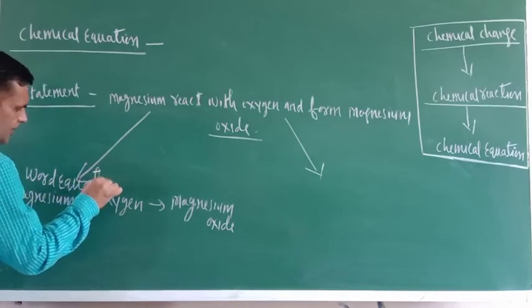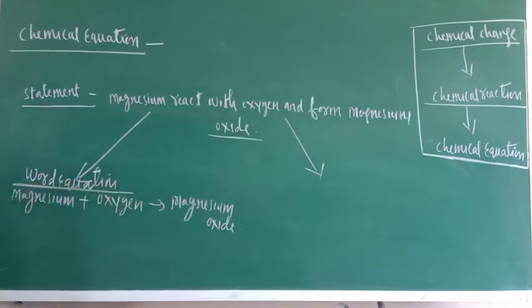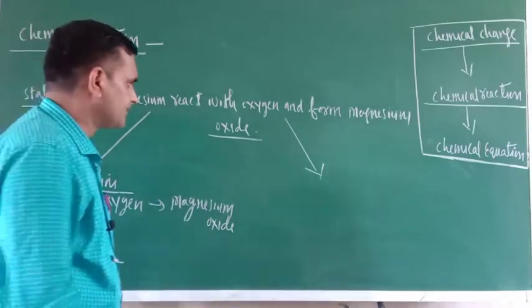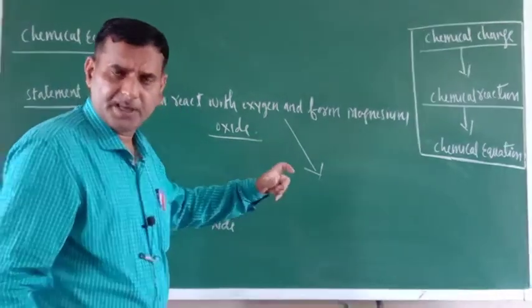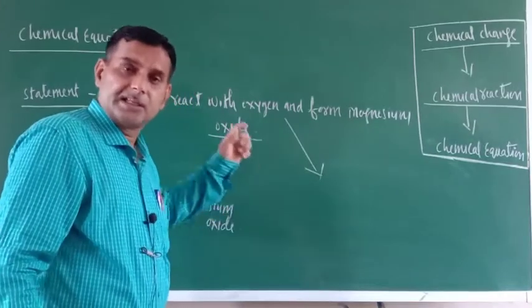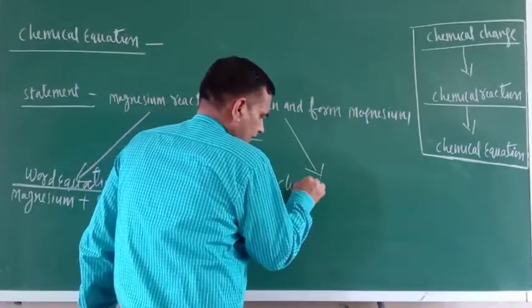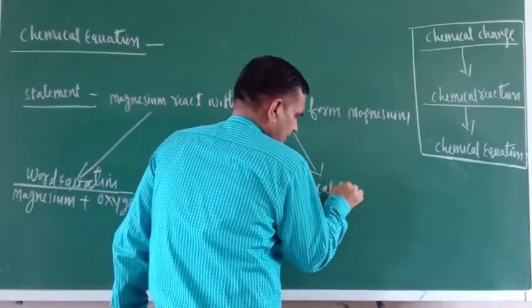I wrote this equation with the help of words. Magnesium and oxygen react together and they form magnesium oxide. There is one more way to write this statement, that is called a chemical equation.